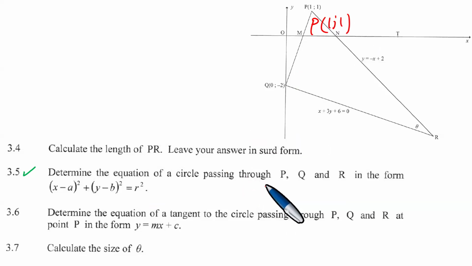And we want to find the equation of a circle that passes through the points P, Q, and R in that form. In R, we know very well, the coordinates are 6 together with -4. So now, there are a couple of things we know, because we already know that's an angle of 90 degrees there.